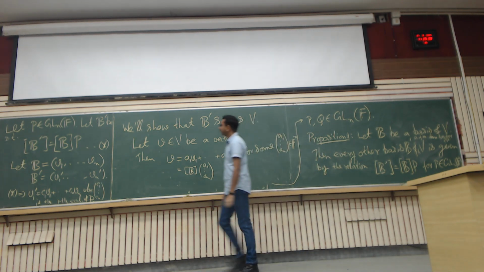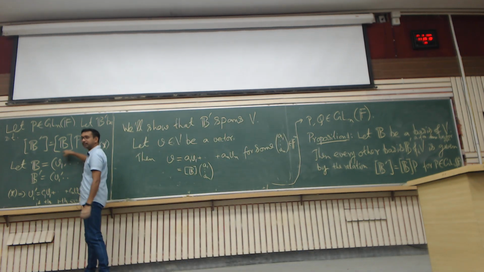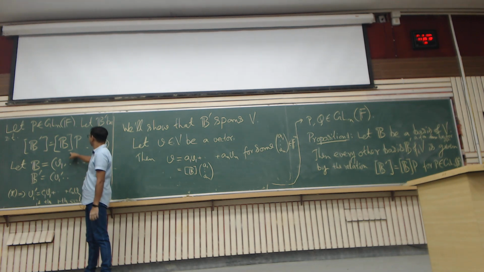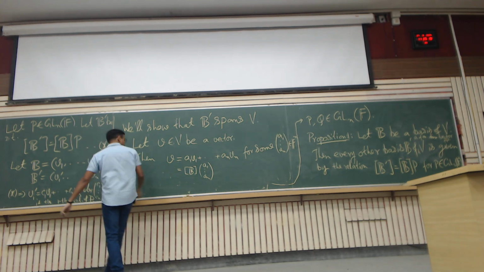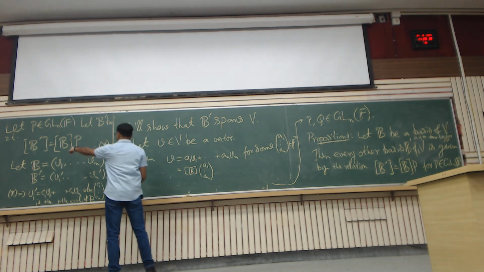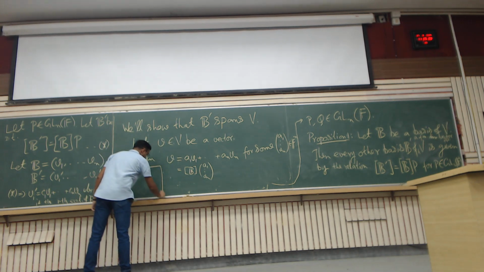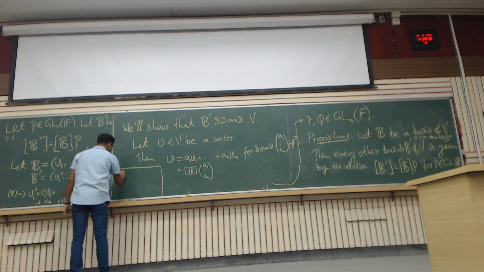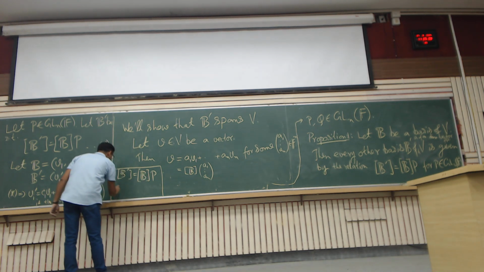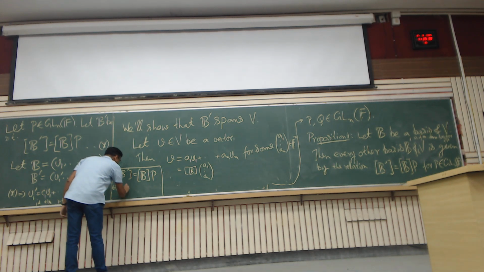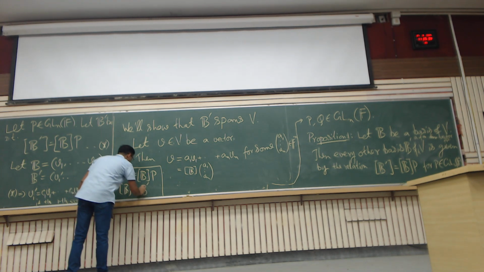Now recall that we have B dash is equal to BP. Let's multiply with the inverse of P from the right. So B dash is equal to BP, that implies B is equal to B dash P inverse.